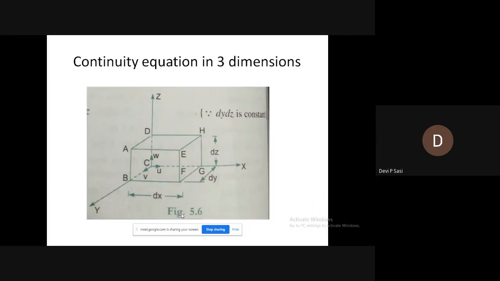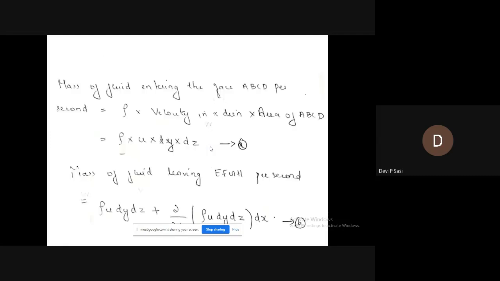So we may write it as dou by dou x of rho into u into dx dy dz, into dx. Now assign it as equation D.